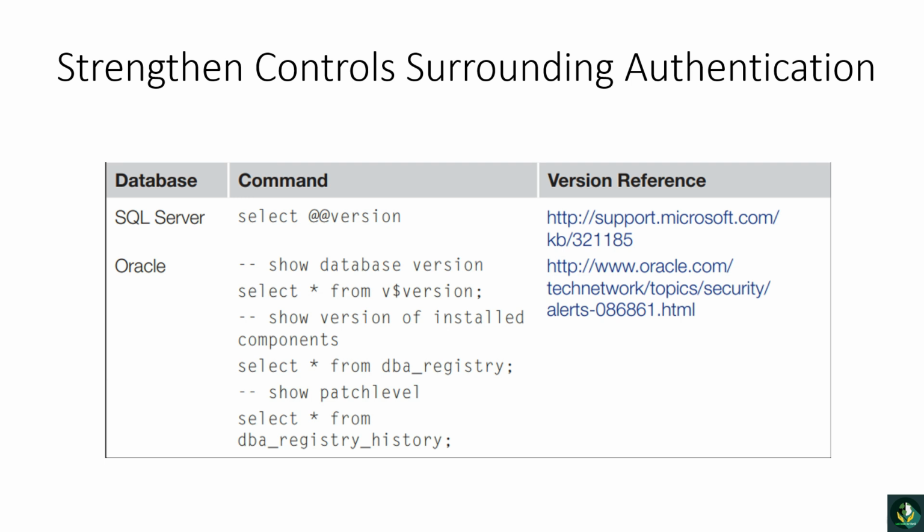Additionally, you should enable password strength checking within the database server to prevent administrators from selecting weak passwords. Attackers can leverage weakly protected accounts to re-authenticate to the database server and potentially elevate privileges. Lastly, enable server auditing to monitor suspicious activity, especially failed logins.